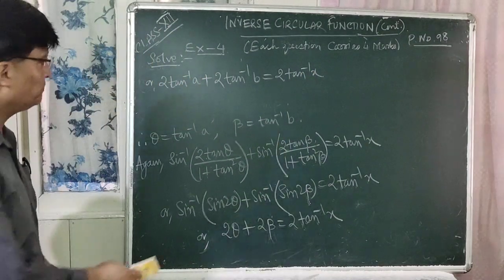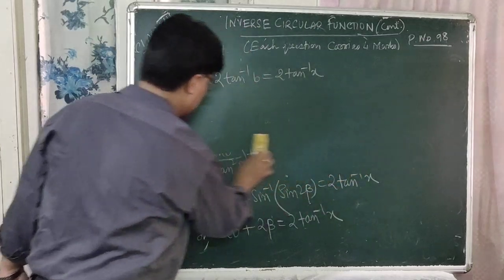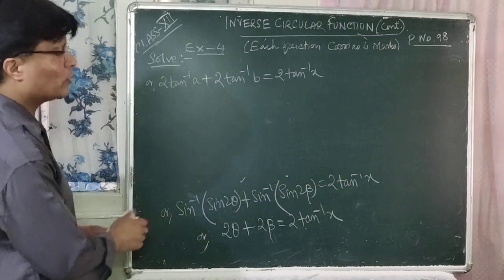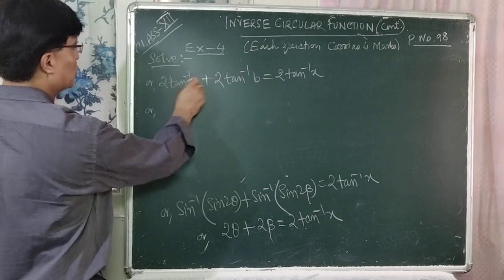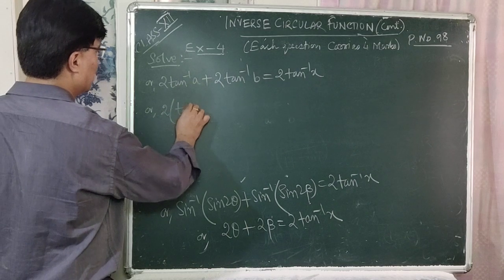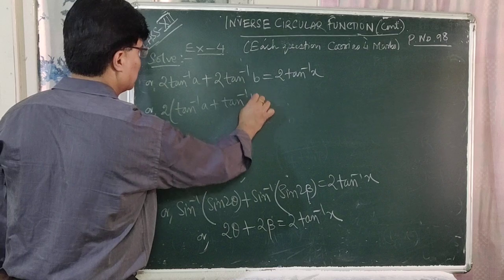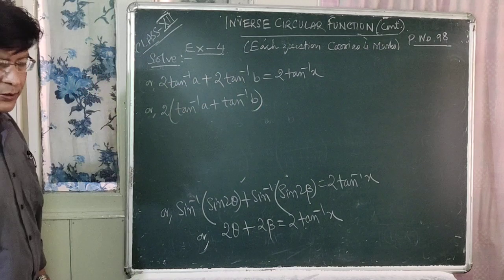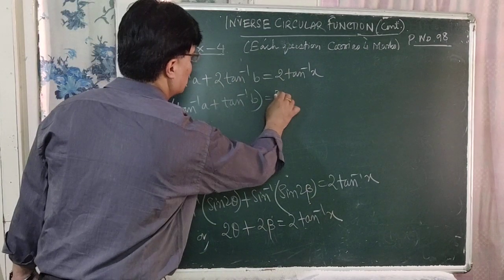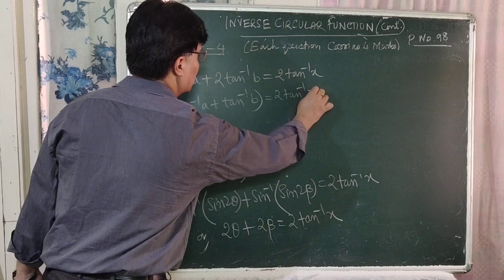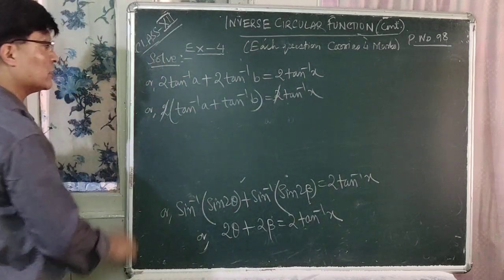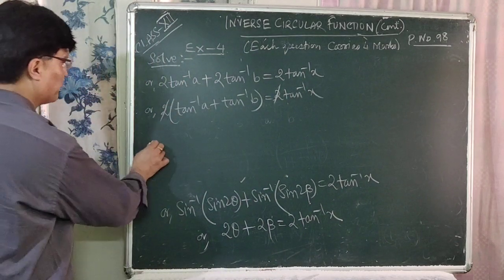Is that clear? Okay, next. What will you do in the next step? Here 2 is common. So within bracket, we have tan inverse a plus tan inverse b. Here 2 is taken common, right? Which is equal to 2 tan inverse x. So here also the 2 gets cancelled.